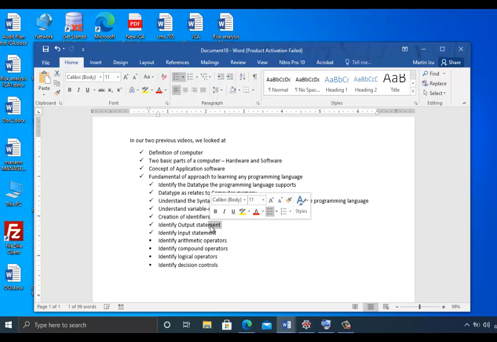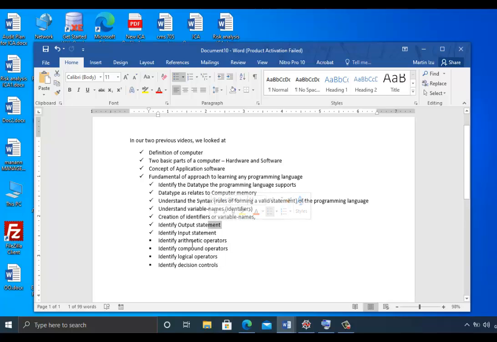Then we manipulate that data depending on the data type and the kind of operation that has to be executed on that particular data that we received from the user. Okay, that is a nutshell.